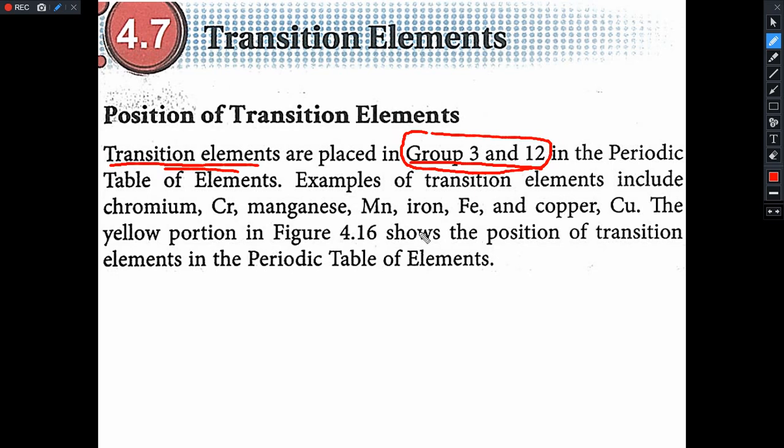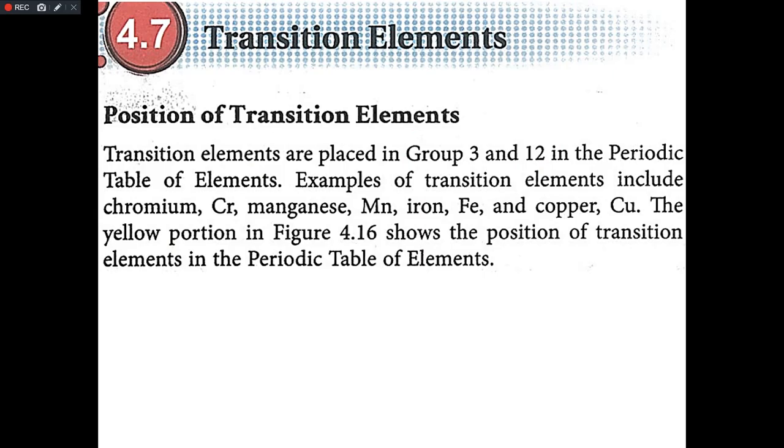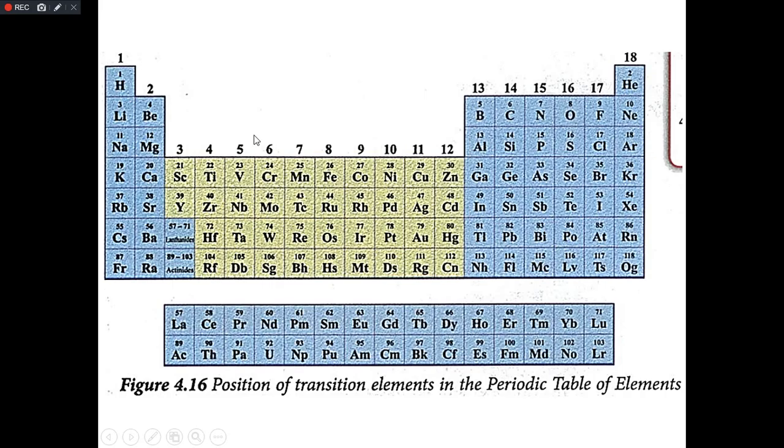And the examples. These are some examples of transition elements, which are Cr, Mn, Fe, and Cu. Okay, and now in Figure 4.16, the yellow portion shows the position of transition elements. Let's look at the next slide.